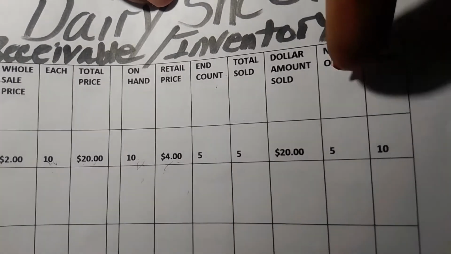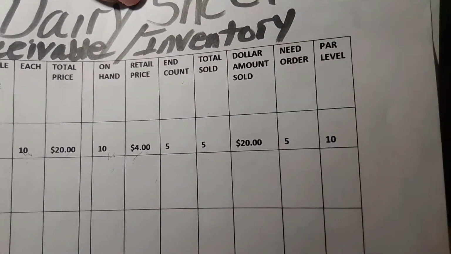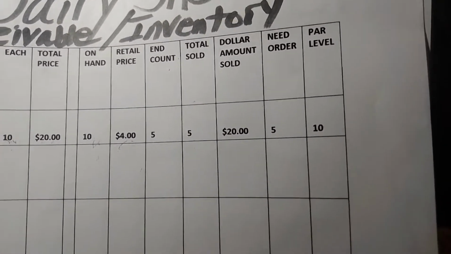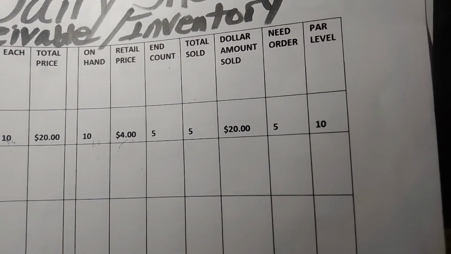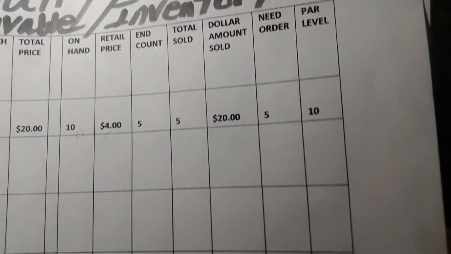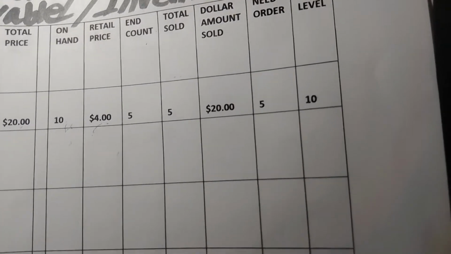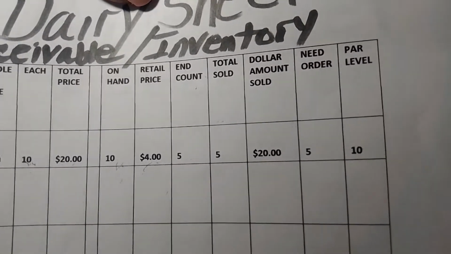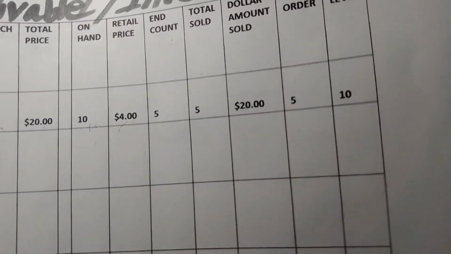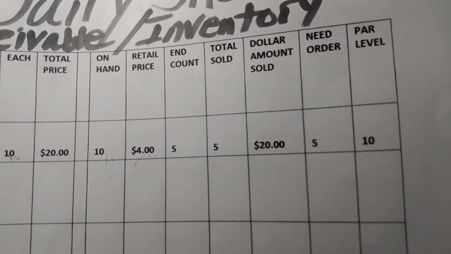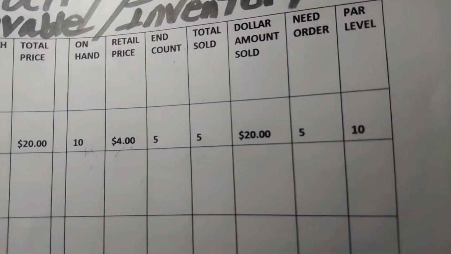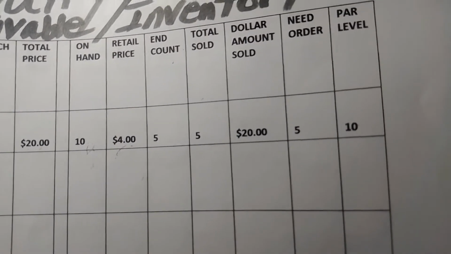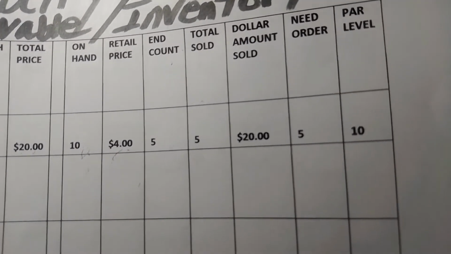You see right here it says need to order. We need to order 5 because we sold 5. The par levels, we talked about that last week. Your par level is what you need to have each week. At the beginning of each week, you need to have 10 milks. When we finished inventory last week, we only had 5.